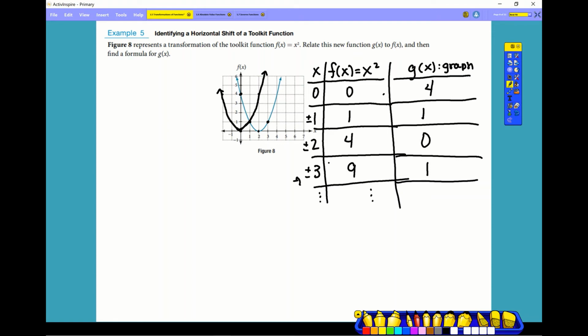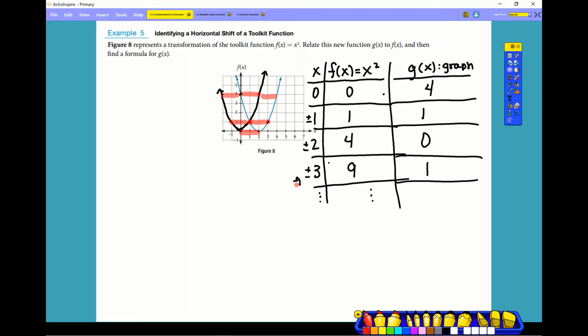So what does it look like we did with the x values? And this one's really easy from a graph, because you can see using the origin that there's just been a change here, right? So from this to this, from this to this, it went from this to this, this to this.